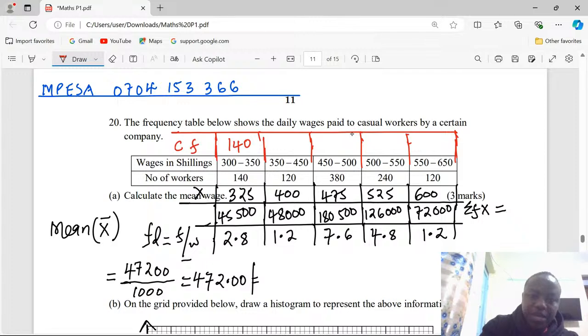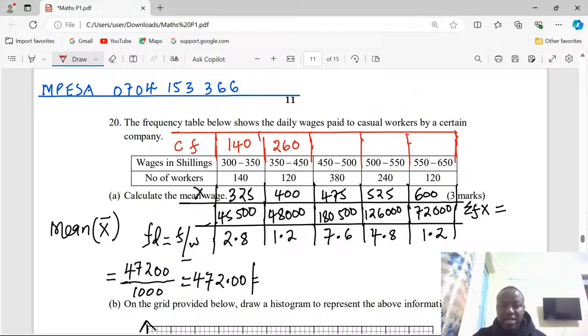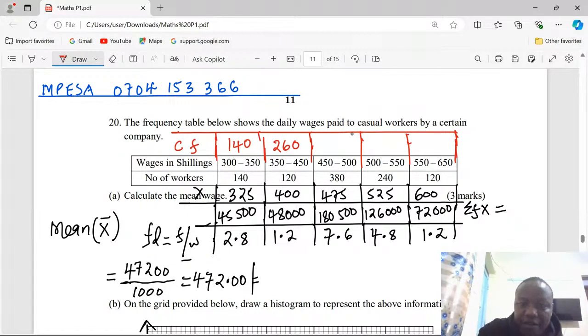Then 140, we add the next, which is 120. That takes us to 260. 260, we add 380, and that will give us 640. 640, we add 240. That is going to take us to 880. Then when we add 120, we shall find ourselves at 1,000.